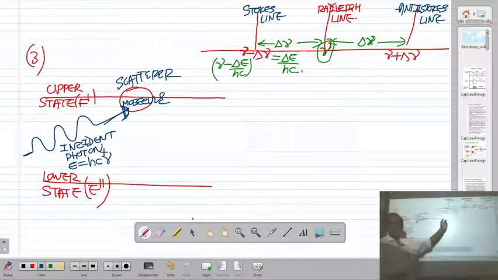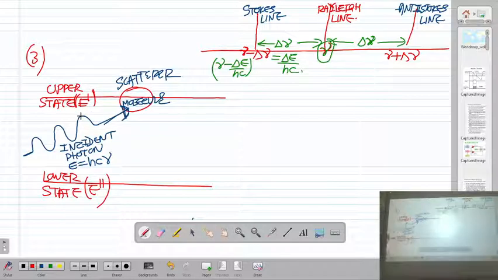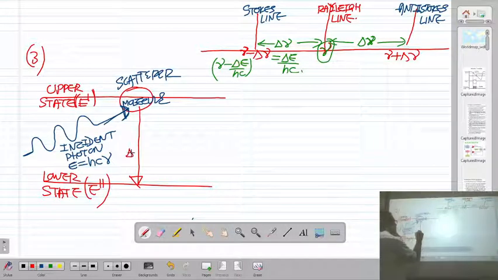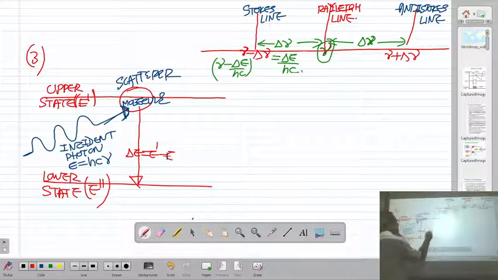If the molecule is initially in the upper state E dash, and the incident light photon of energy h nu collides with the molecule in the upper state E dash, the molecule comes back to the lower state E double dash. What is delta E? Delta E is the difference of energy between the two states, E dash minus E double dash.